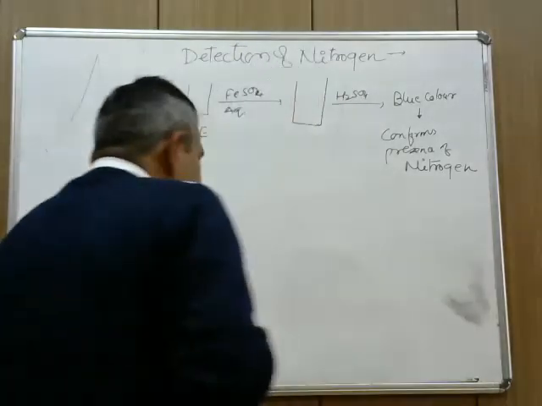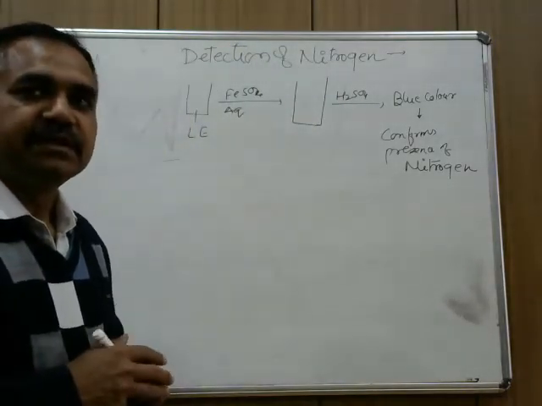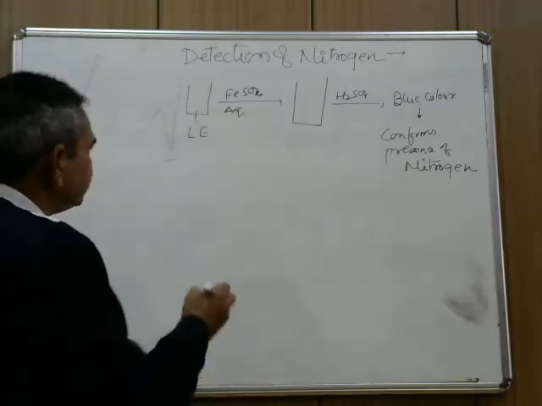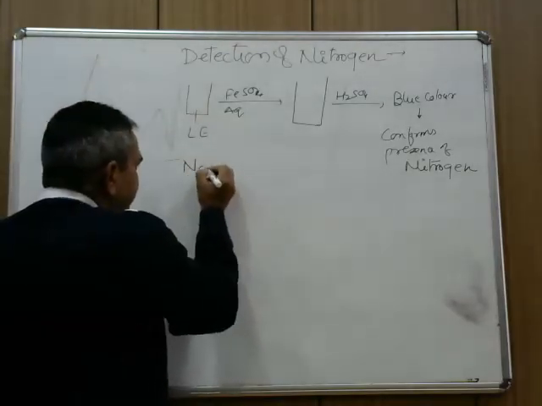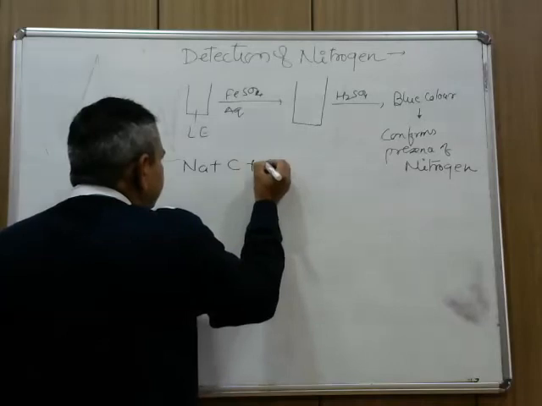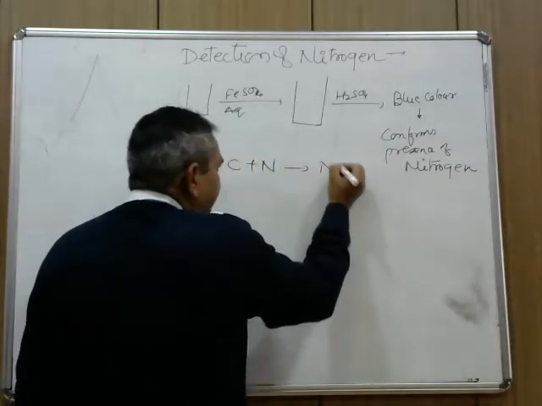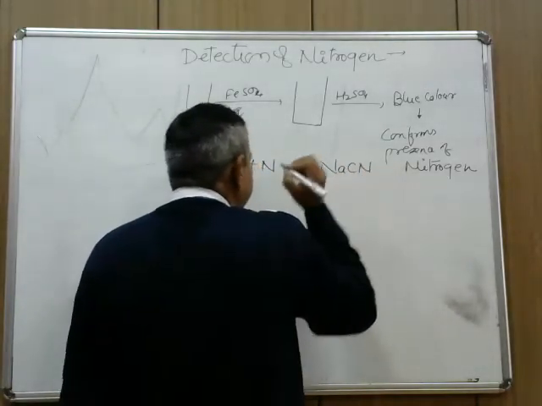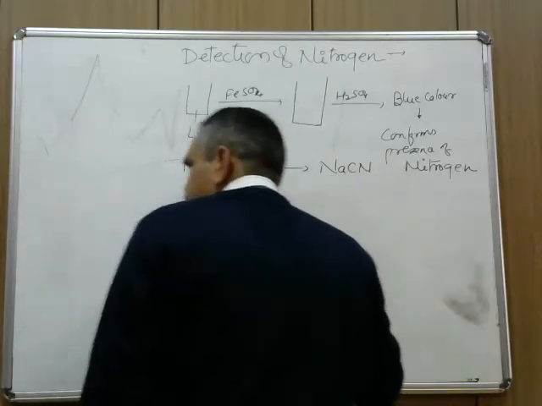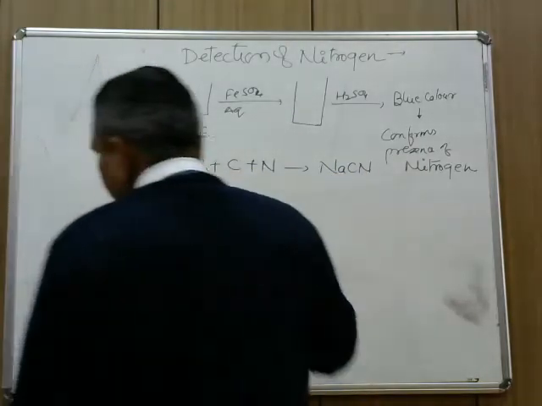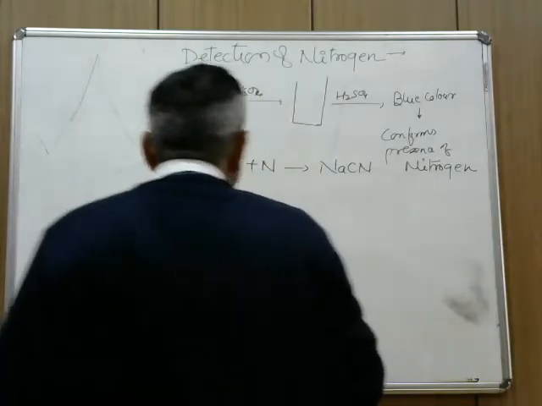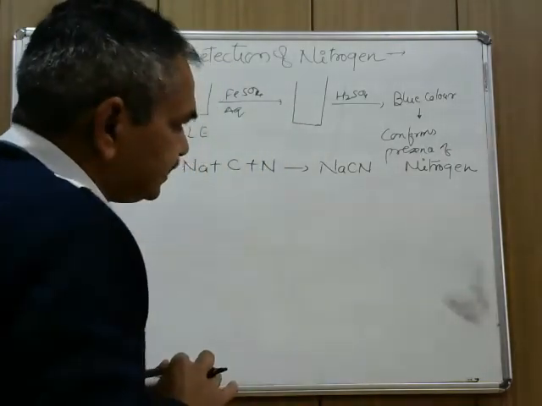Now, during the preparation of Lassaigne's extract, sodium, carbon and nitrogen from the organic compound combine to form sodium cyanide. Again, this carbon and nitrogen are bonded with each other covalently.